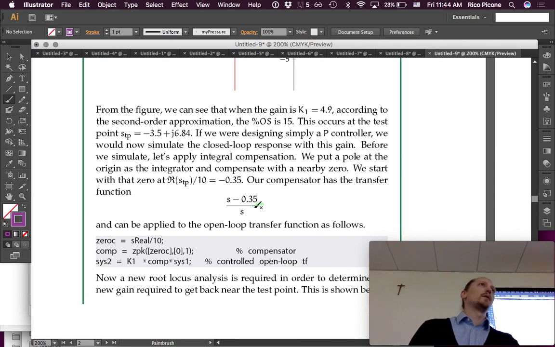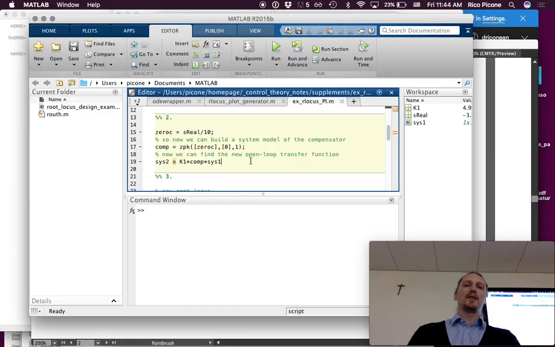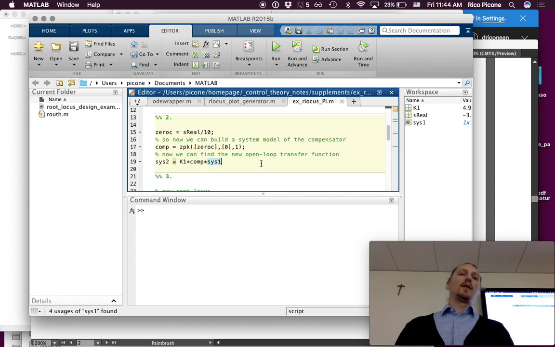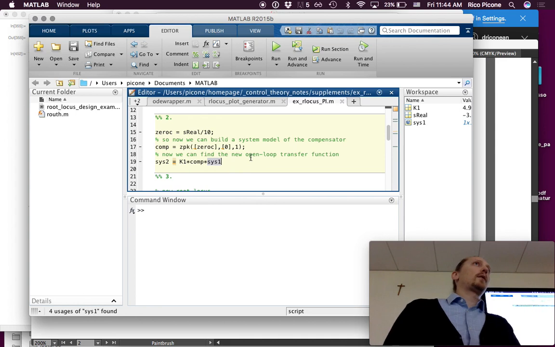And that's why we chose negative 0.35. It's not a bad place to start, like I said. And now we can find the open loop transfer function. So the open loop transfer function for this system then is going to be K1, our original gain, times the compensator, times the original open loop transfer function.